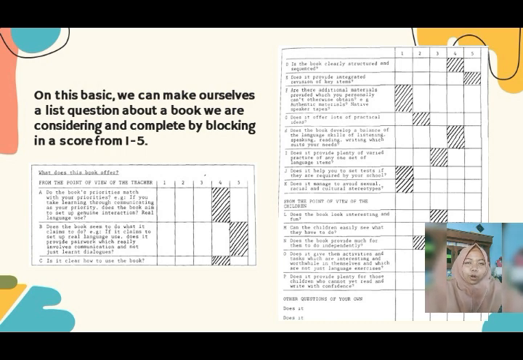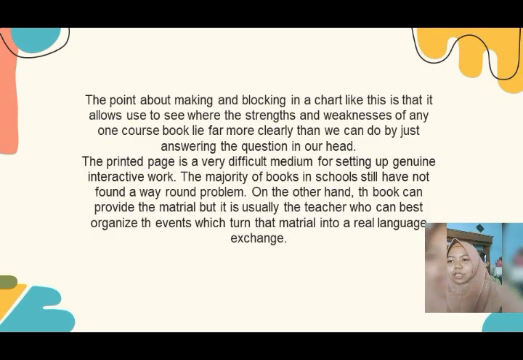If your course book is not related, you can give a score of 1 to 2 or 3. The next slide. Okay, the point about making a chart like this is that it allows you to see where the strengths and weaknesses of any one course book lie far more clearly than we can do by just answering the questions in our head.